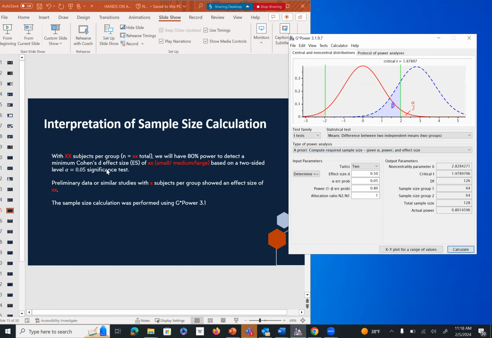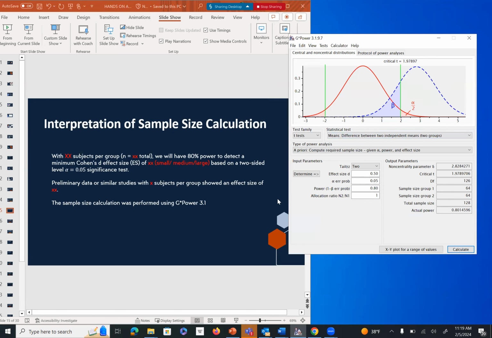My interpretation would be: with 64 subjects per group, 128 total subjects, we will have 80% power to detect a medium Cohen's d effect size of 0.50 based on a two-sided alpha significance level of 0.05.